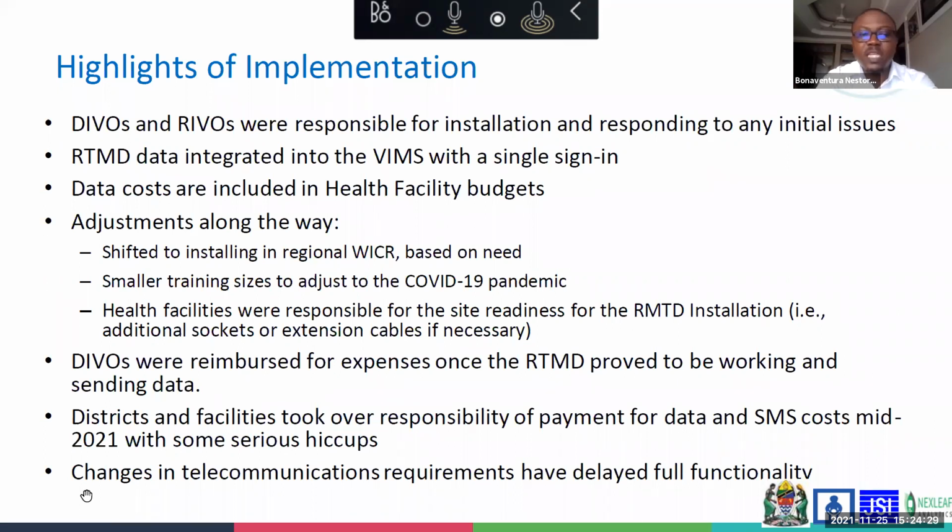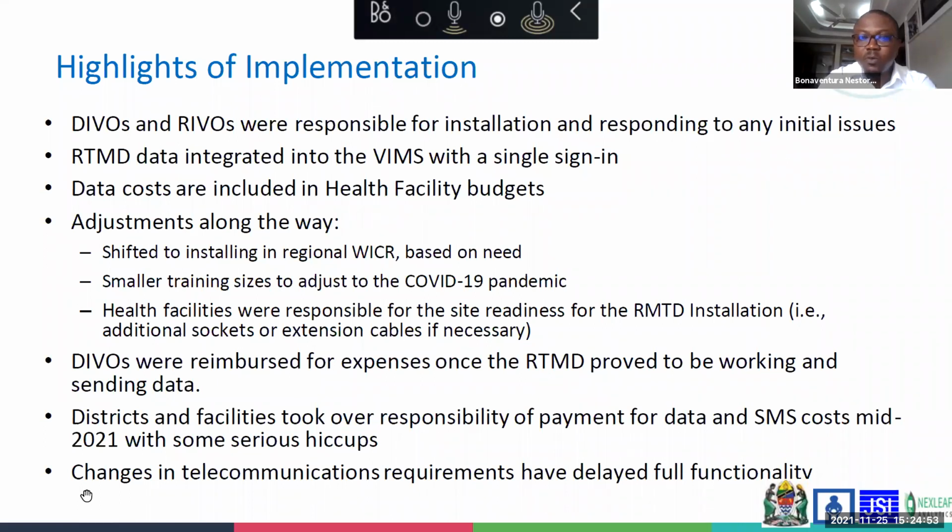And during the implementation also, we had some adjustments to ensure that the whole process of installation, data sending, and maintenance worked. And along the way, as I mentioned, we had shifted those who included the RTMD installation to work in boardrooms at the central level.